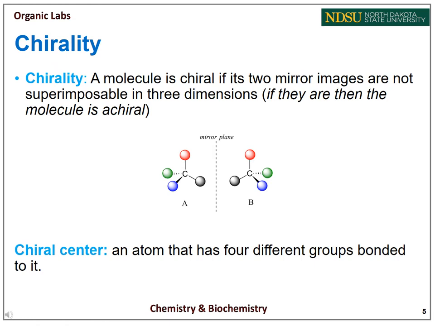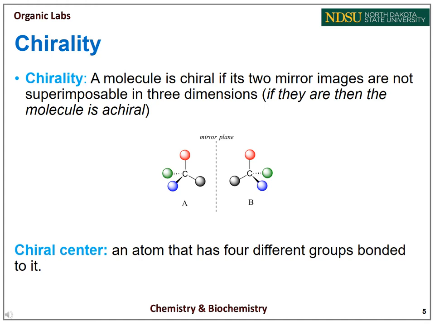In terms of chirality, a molecule is chiral if its 2 mirror images are not superimposable in 3 dimensions, meaning if you rotate it, you can't get them to stack on top of each other. Take, for example, these 2 molecules, each containing a carbon attached to 4 substituents. Due to their arrangement, no matter which way I try to rotate them, they will not be superimposable. However, they are mirror images of each other just like our hands, and therefore they are chiral.